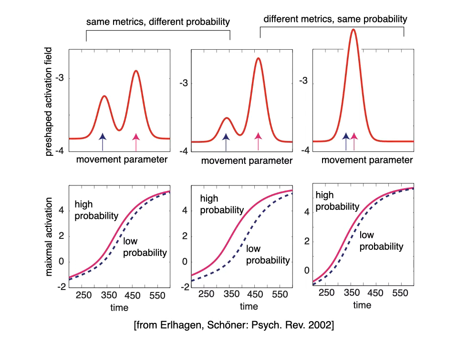So high probability is modeled as more preshape than low probability. This is the same, but a larger difference in probability. And in each case, the high probability target has an earlier rise of activation than the low probability target, and that effect is increased if the difference in probability is larger.